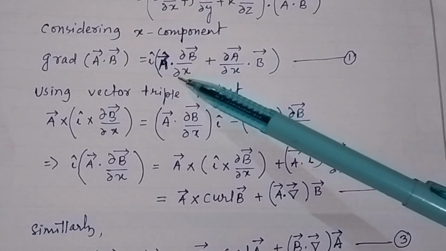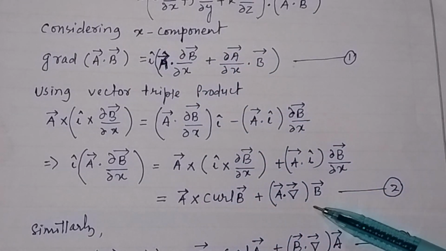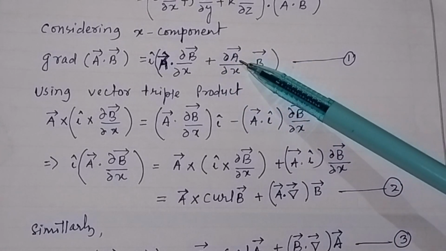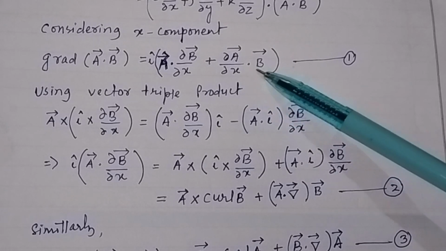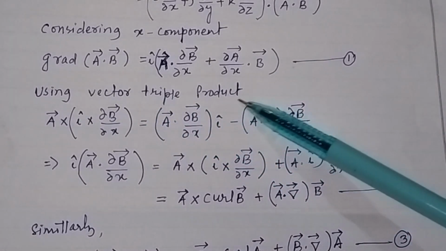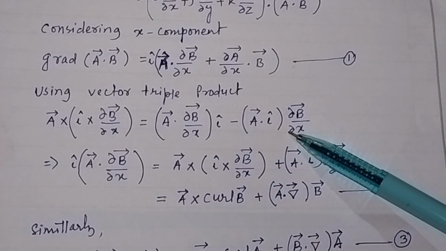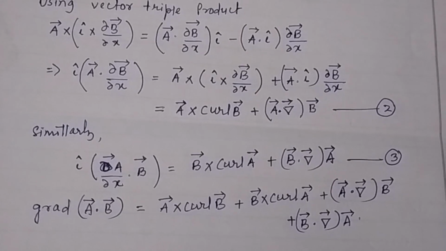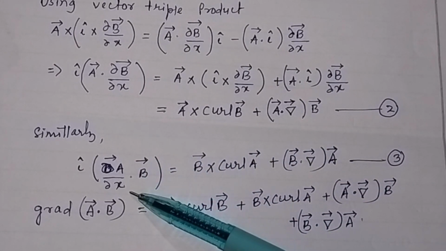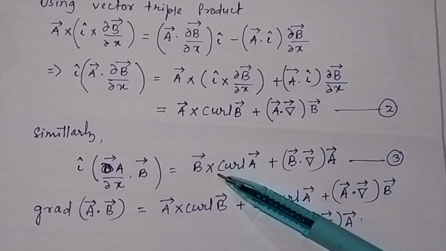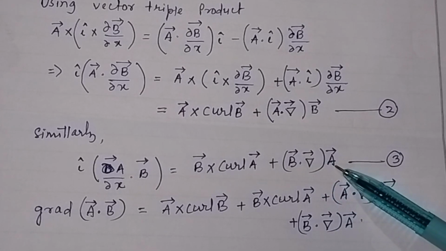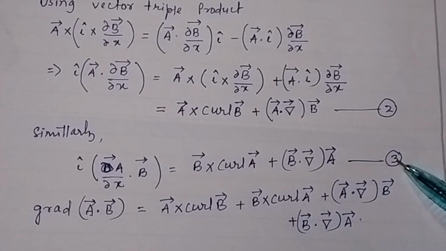So this value we have found out here, and similarly you can also find the value of i cap partial derivative of A with respect to x dot B vector, using the same vector triple product method: you write B in place of A and A in place of B. Then you will get i cap partial derivative of A with respect to x dot B equal to B cross curl A plus B dot del operator multiplied by A vector. Suppose this is equation number 3.